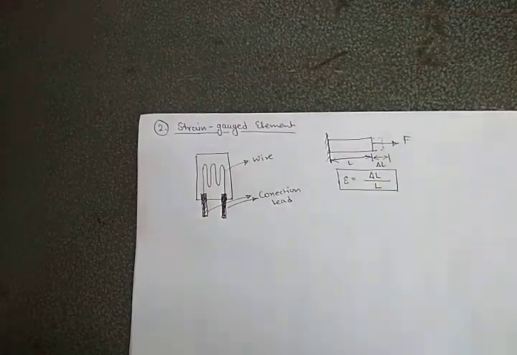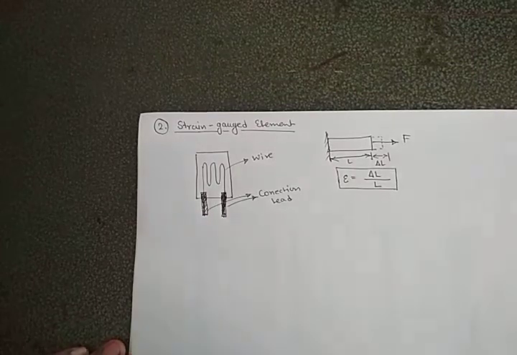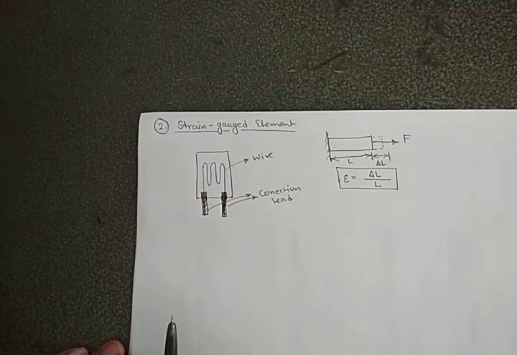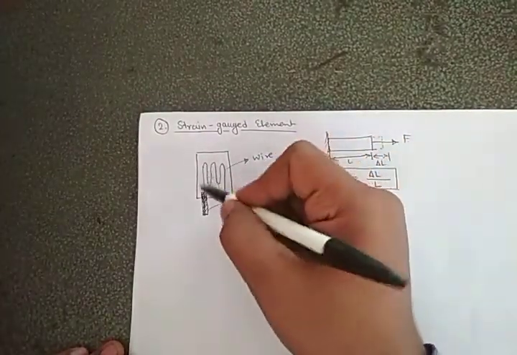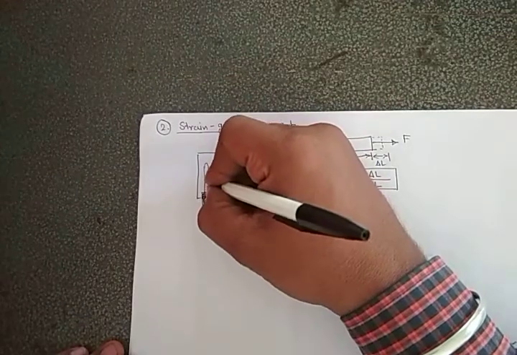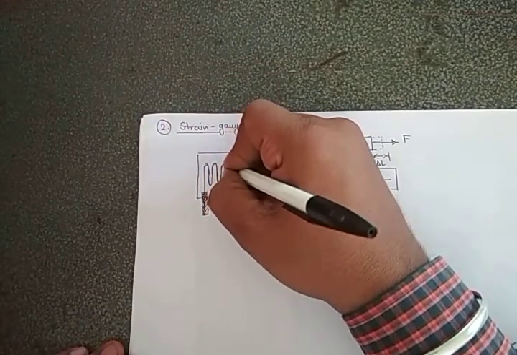Now to measure such things, what do we use? We can use a strain gauge element. Now how does it work? It is a very small, thin wire which is placed like this. Very thin means how thin is it?